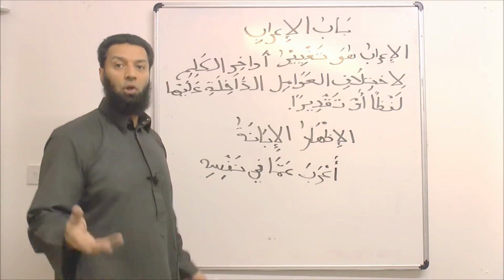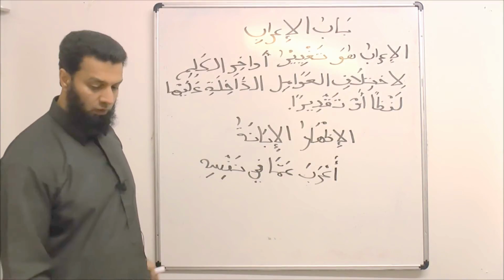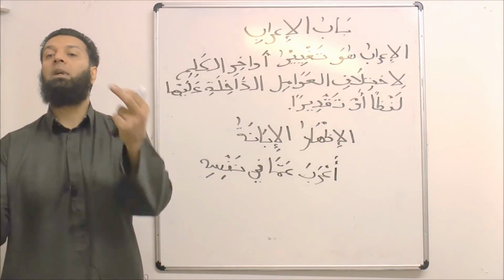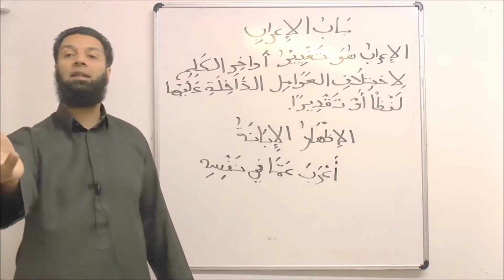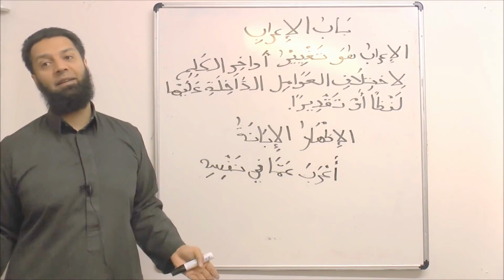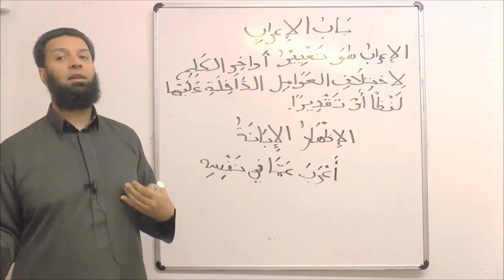You understand? Two things have occurred. One, it's become manifest, and two, it has become clear. For had you not articulated it upon your tongue, then neither would it be manifest nor would it be clear. Because we cannot see what is inside the hearts.